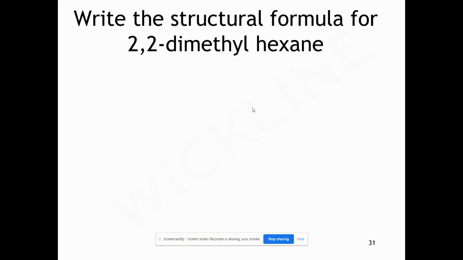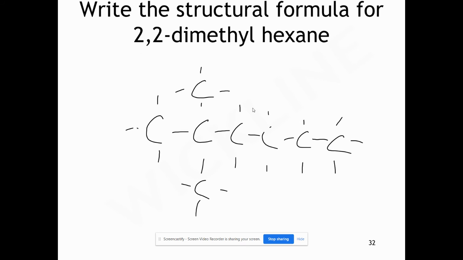How about 2,2-dimethylhexane? Well, you draw your hexane first, right? And 2,2-dimethyl, that means you have 2 methyl groups on the second carbon. And that's what it would look like. Now, again, once you get dingle dangles that dangle off the dongle, you would start numbering from the side which has the closest number of dingle dangles that dangle off the dongle.